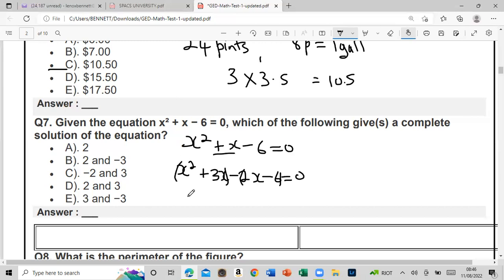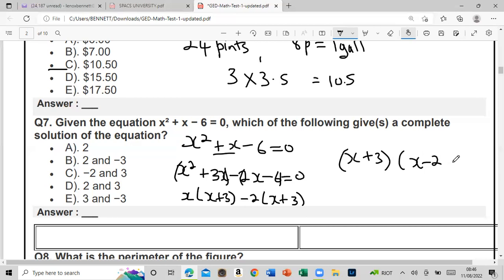So x common here, and then we have x plus 3, -2, that's common there, and then you have x negative and negative divided by negative here positive. So the solution would be x plus 3. We're not finished, and x minus 2. That's the solution. But remember, it's equal to 0.